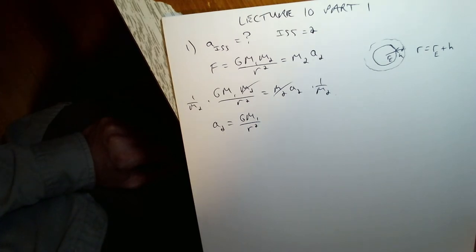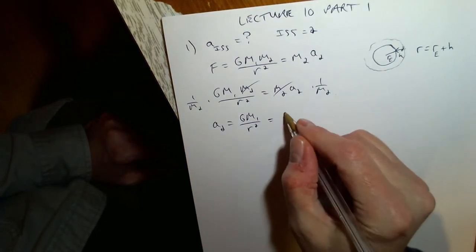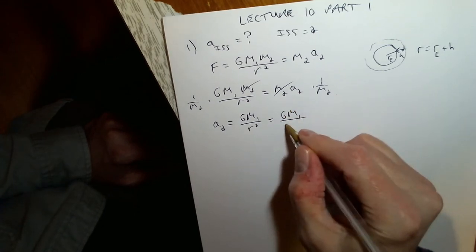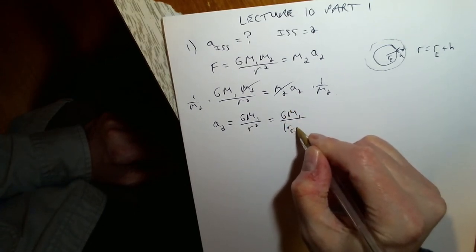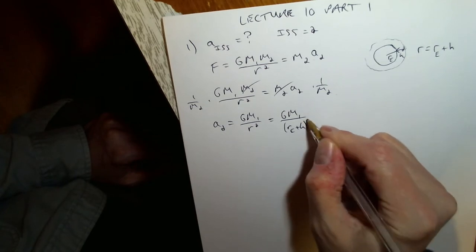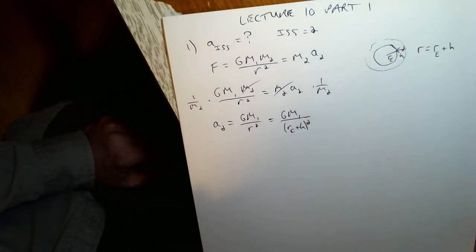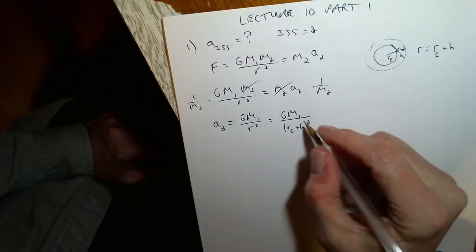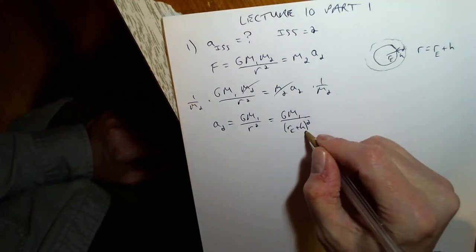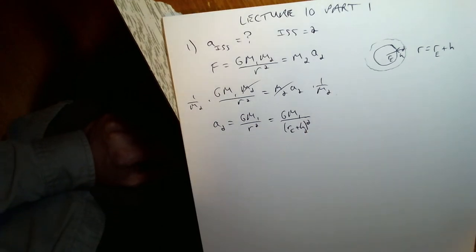And so I can plug in G mass Earth over radius Earth plus height squared. That's r squared. And this is the height of the International Space Station, so the height of object 2.